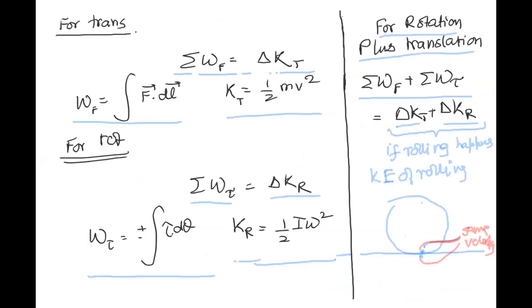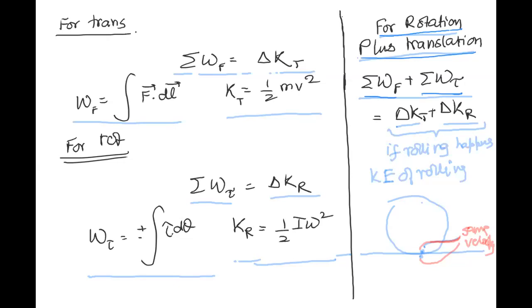Coming back to this, when you calculate the left hand side of this equation for a rigid body, you are going to first see whether the body is executing rotation plus translation or not.